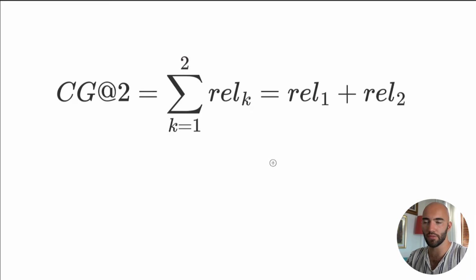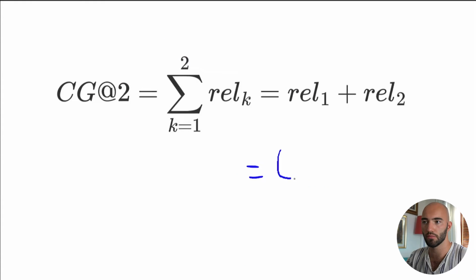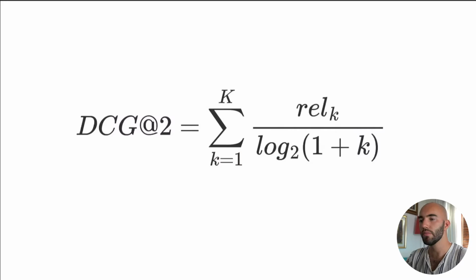If we go back to this formula, we are now doing 4 plus 0, which again is just equal to 4. So cumulative gain by itself is not order aware. To make it order aware, we have to use the discounted cumulative gain, or DCG metric.